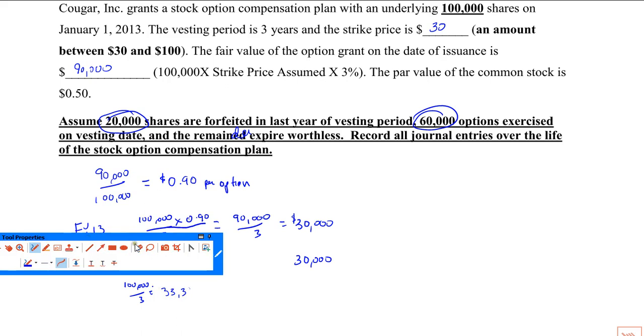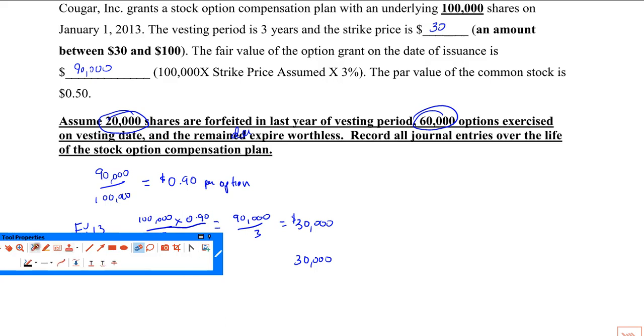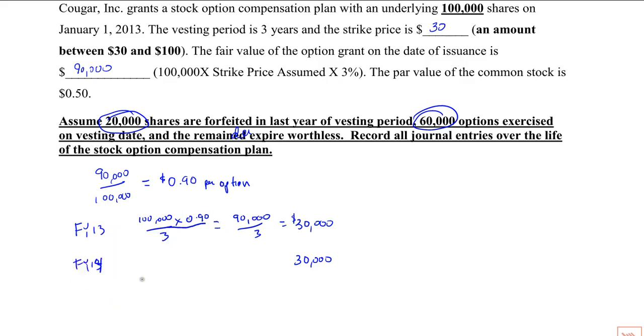Actually, let me just get rid of all this. So what am I doing here? Each year they amortize 100,000 divided by 3 shares.